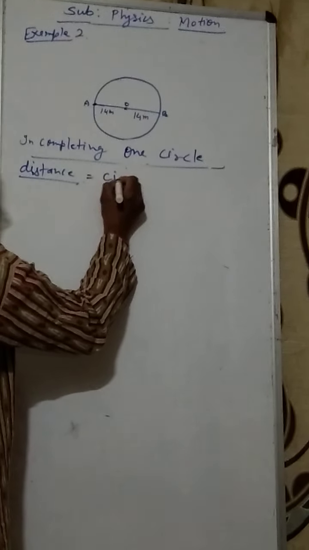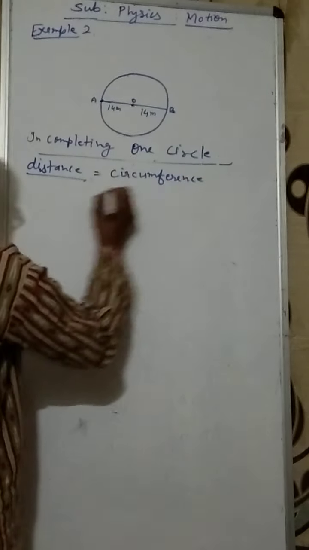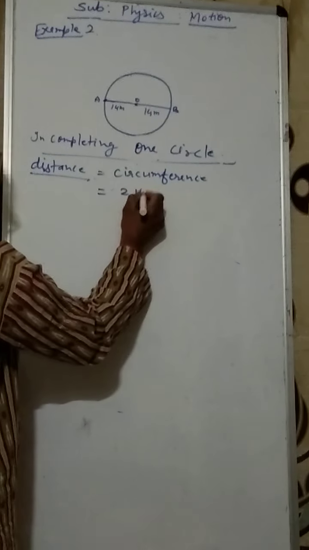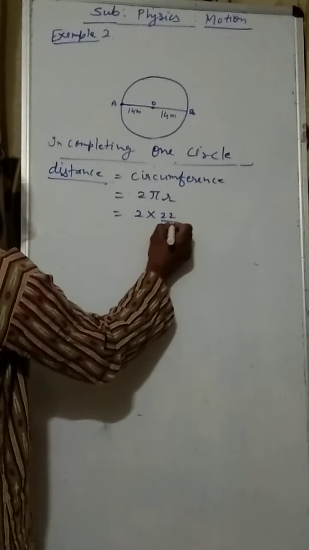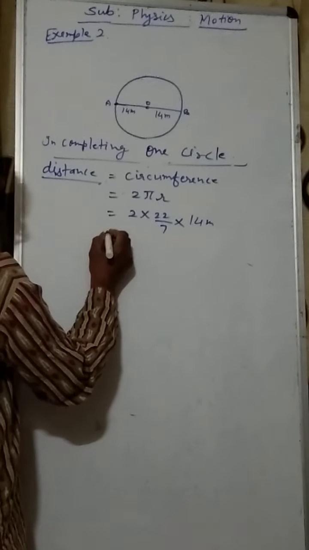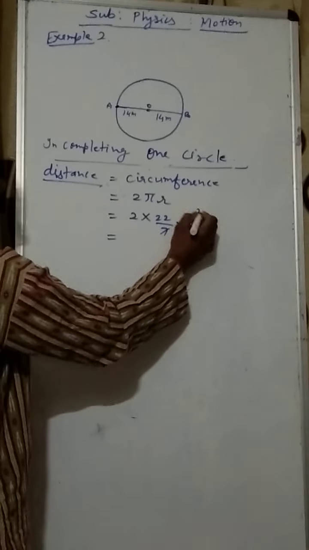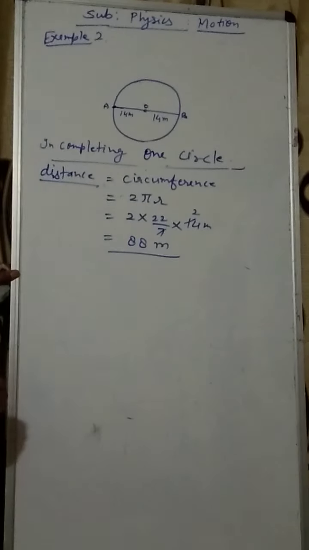So distance will be equal to the circumference, that is 2 pi r. So 2 into 22 upon 7 into 14 meter. So the value will be 88 meter.